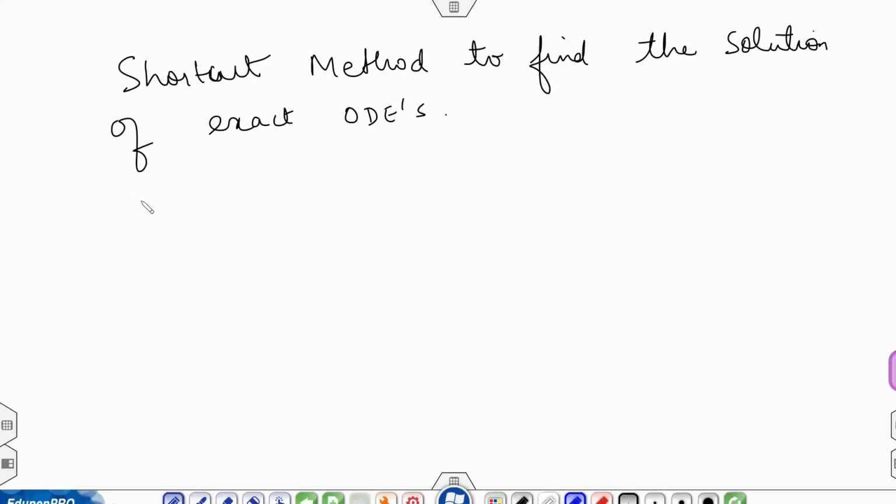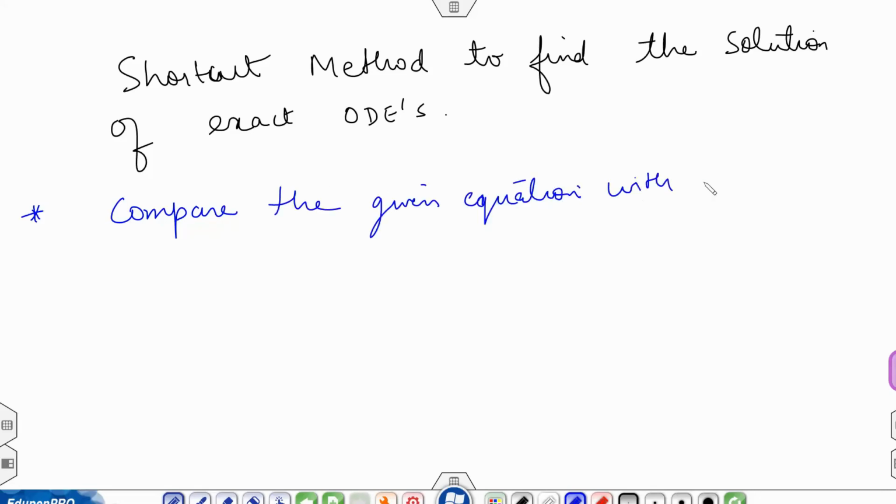Let's see. What you need to do in step 1 is compare your given equation with m dx plus n dy equal to 0 and find m and n as we have done in the example. You need to find this m and n by comparing your given equation with this equation.